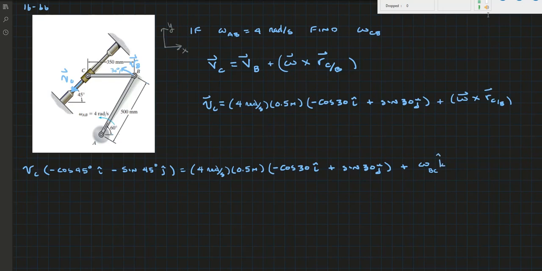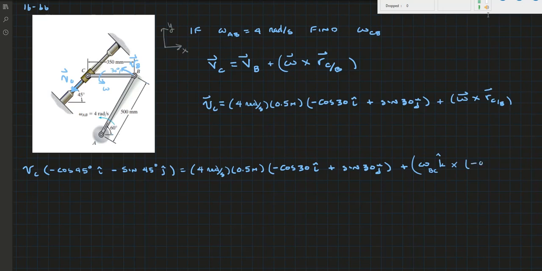We're going to assume it's spinning this way, which means that we have k, and k cross, let's just put parentheses here, even though we don't need it. So the position of this is horizontal, and it's in the i direction.